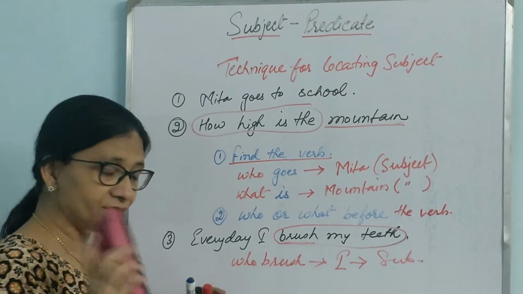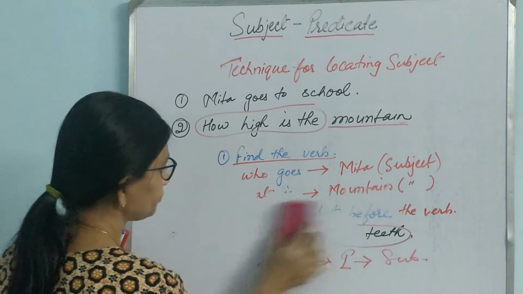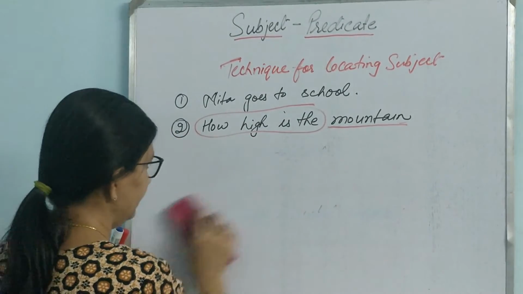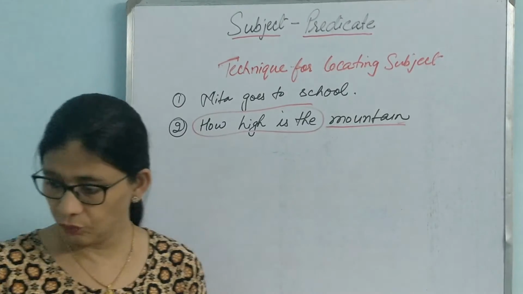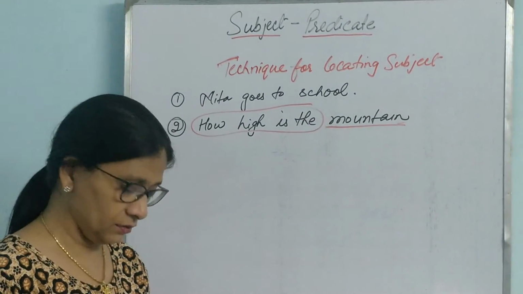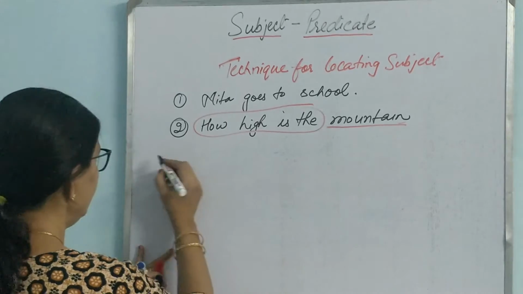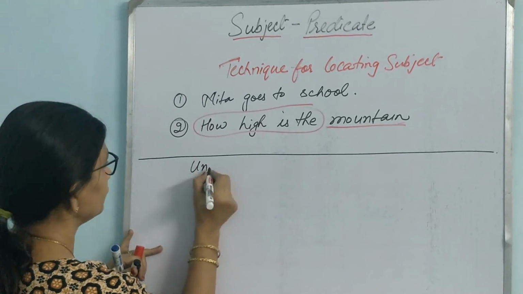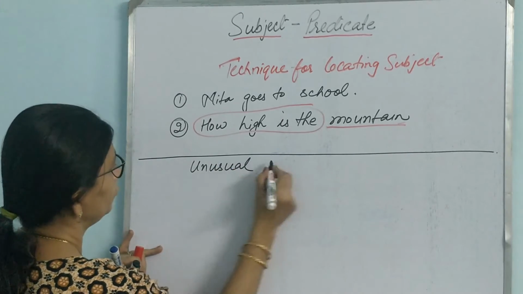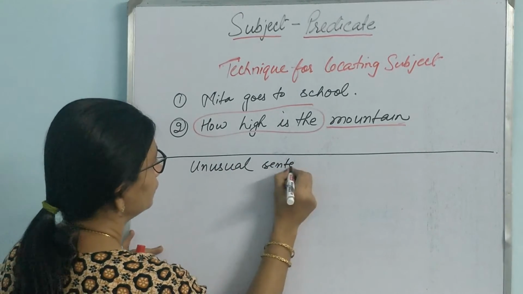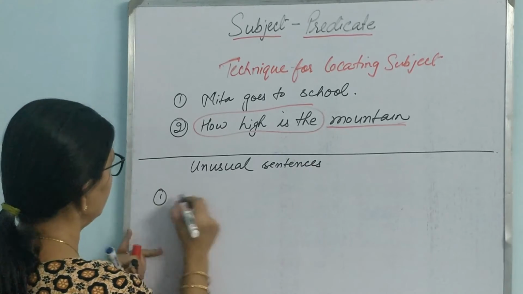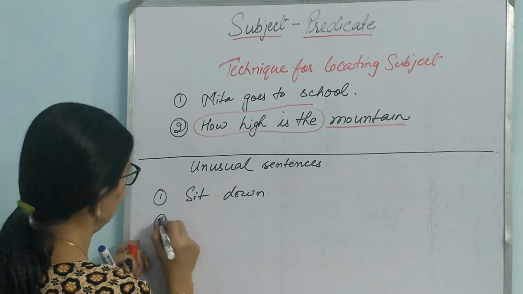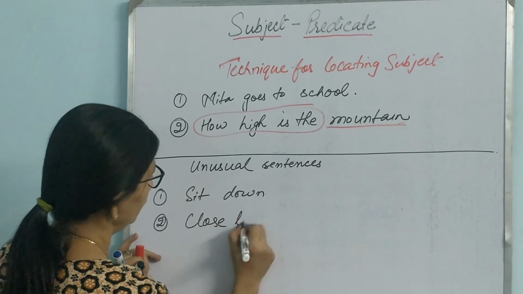Now, one last thing I would like to mention. There is one kind of sentence known as the imperative sentence, and it is sometimes confusing to find the subject because there is no subject visible in the sentence. Let us see. Now, some unusual sentences, like "sit down" or "close the door."